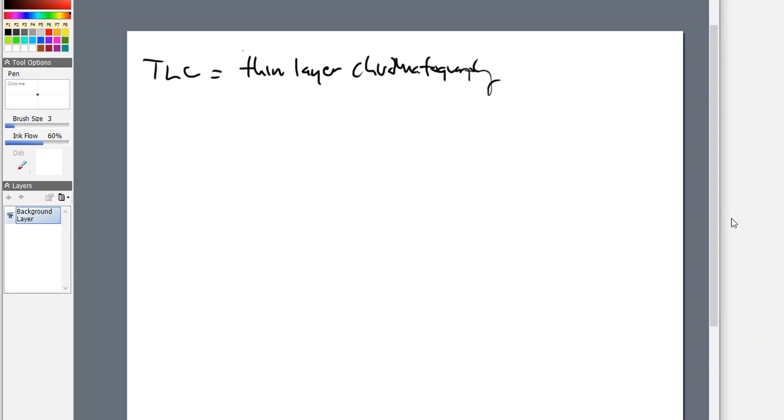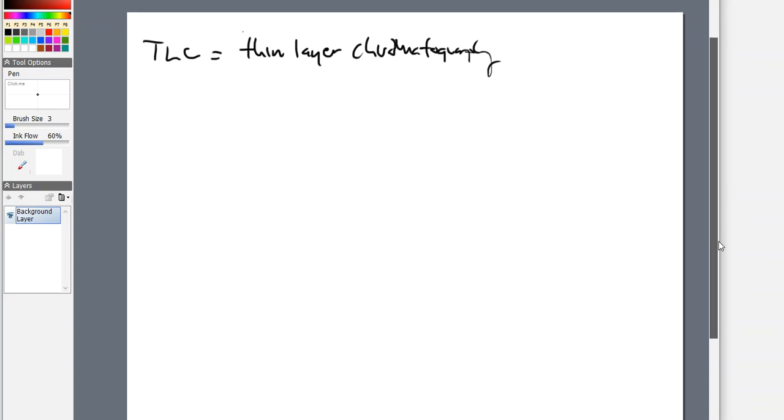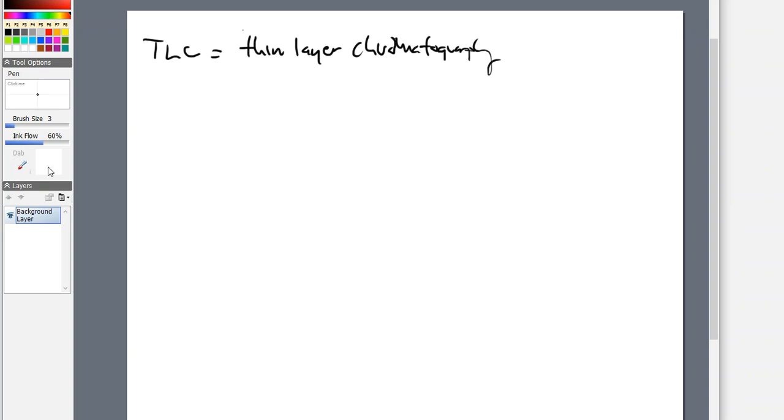So thin layer chromatography finds its own little home in a laboratory setting, and the reason that it does find its own little home in the lab setting is because it is somewhat special, it is somewhat unique, it is somewhat different than the whole idea of what chromatography is going to be throughout the rest of the semester.